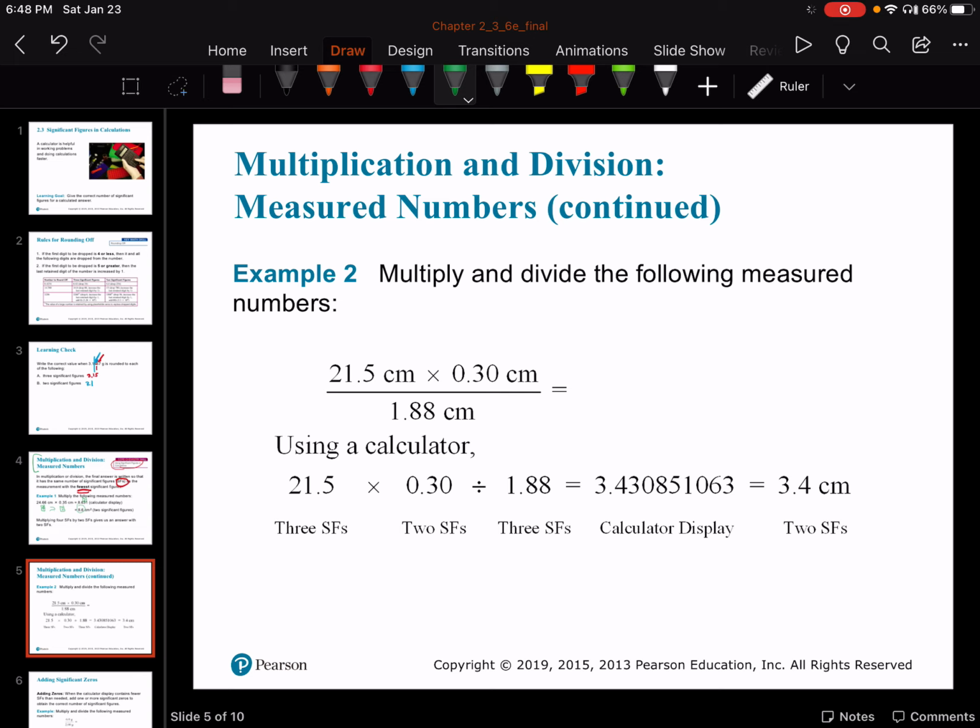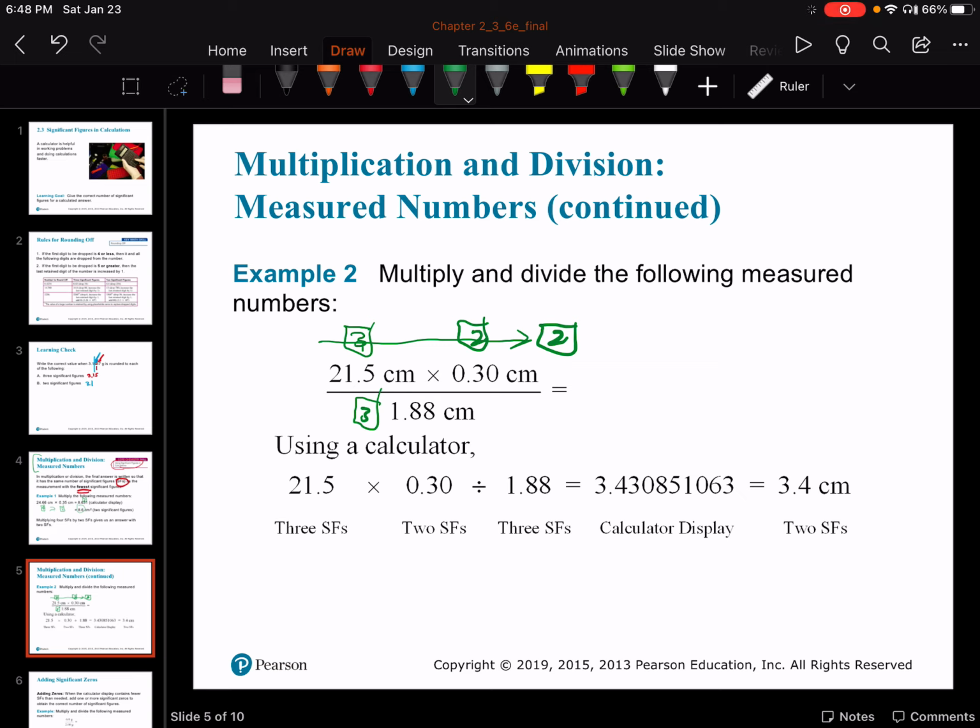Let's do another example of multiplication and division. I'm going to make little notes to myself every time. This has 3 sig figs. This has 2 sig figs. And this has 3 sig figs. So 3 sig figs times 2 sig figs, our top is going to be 2 sig figs.